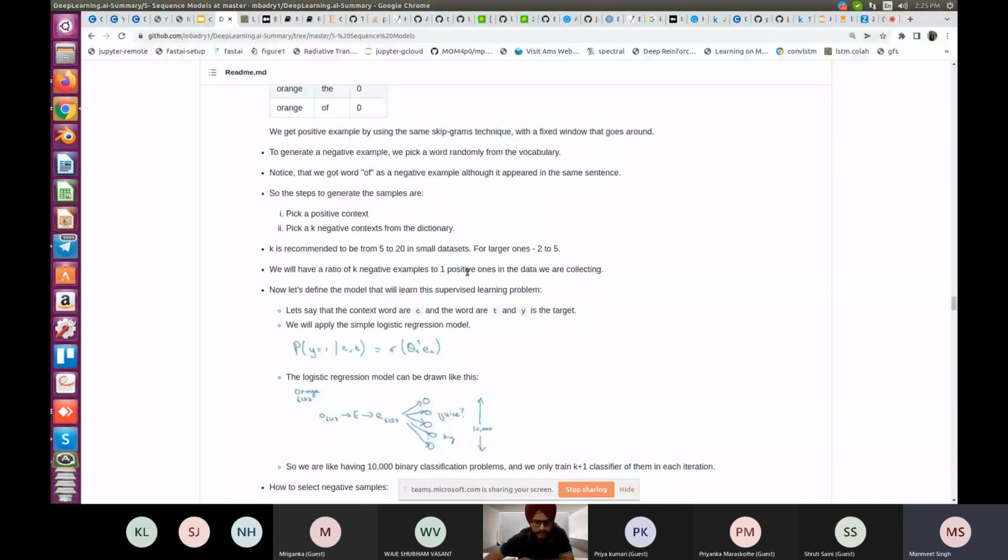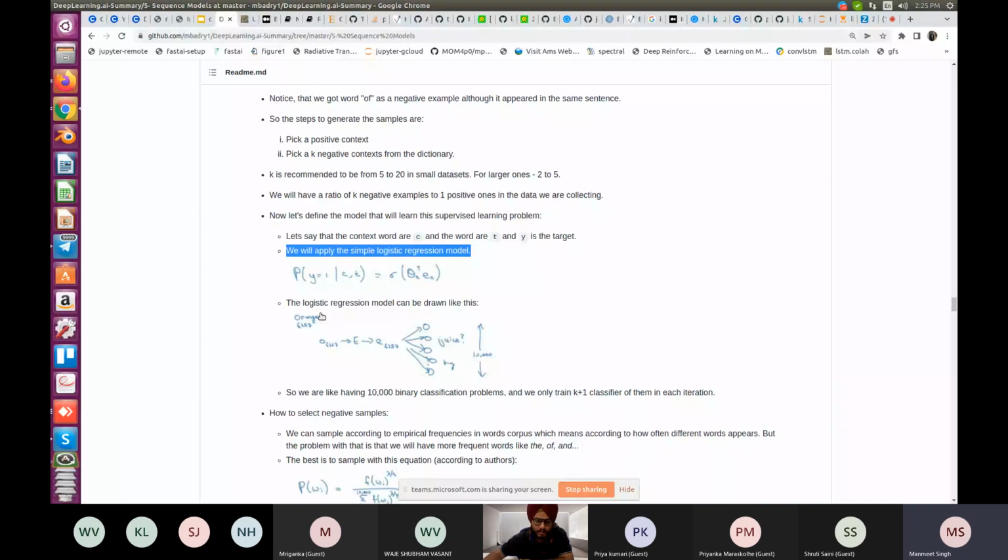Now let's define the model that will learn the supervised learning problem. Let's say the context words are C, the target words are T, and Y is the target label, the actual number we are computing. And we can apply a simple logistic regression model. This logistic regression model can be drawn like this: you have a word embedding of the context, and then you take a dot product with the embedding matrix.